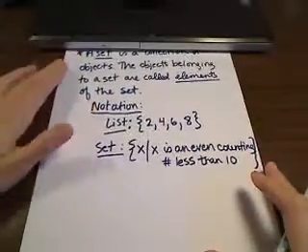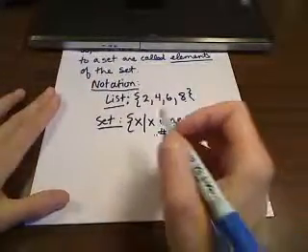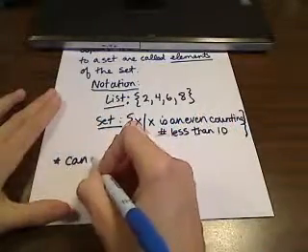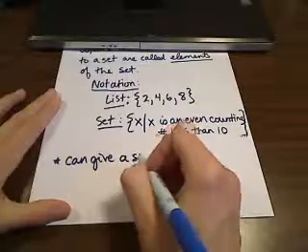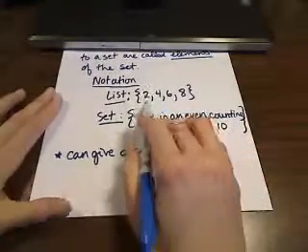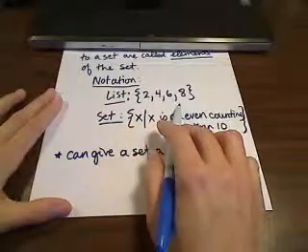Okay, so another thing that we can do with sets is we can give them a name. For instance, let's say that I wanted to look at this set right here.